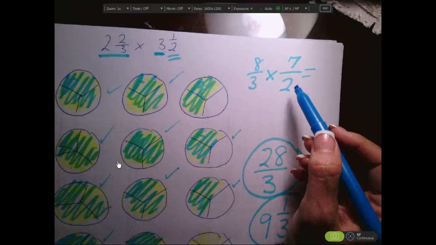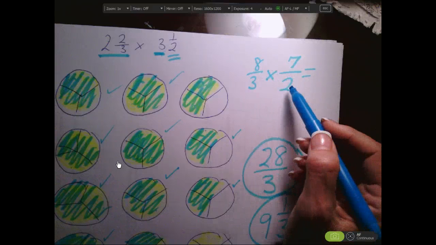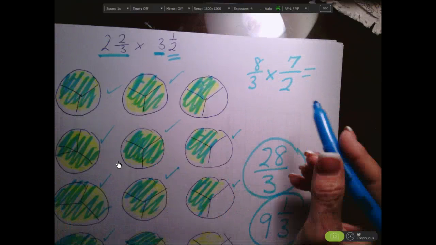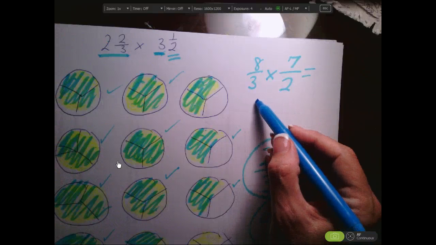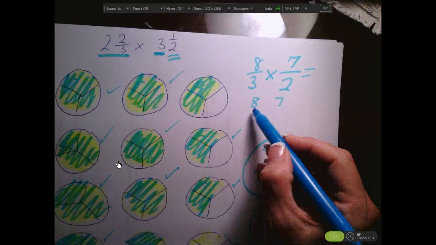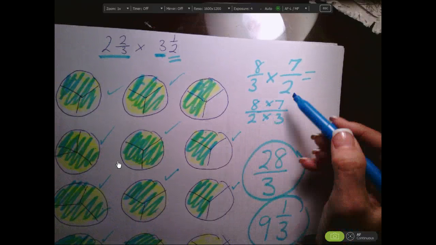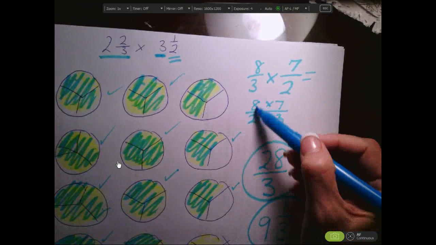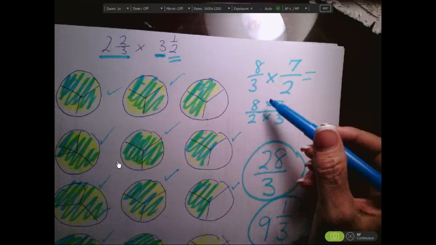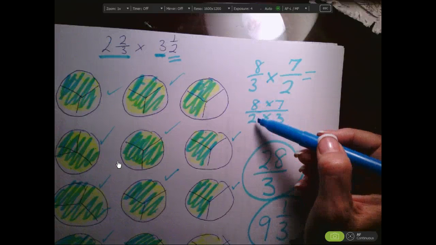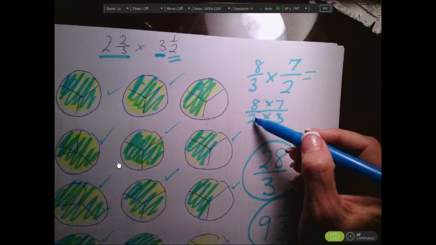The thing that I can also do is simplify first by using the commutative property and changing the order, because when you multiply things in a different order it still stays the same. So you can see I put my 2 over here and I know that 8 divided by 2 is 4.